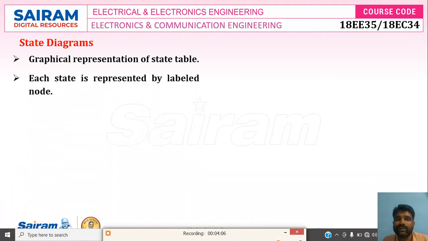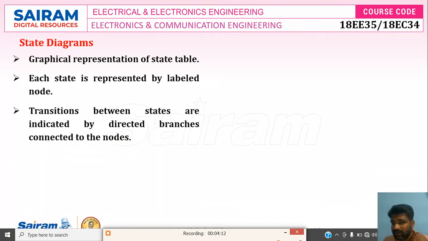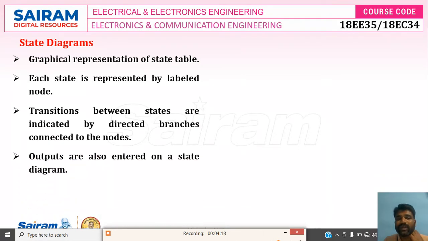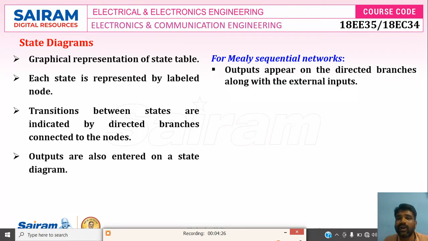In the state diagram, each state is represented by a labeled node, and transitions between the states are indicated by directed branches connected to the nodes, and outputs are also entered on the state diagram. For a Mealy sequential network, the output appears on the directed branches along with the external inputs.